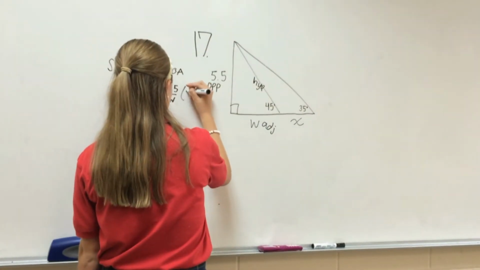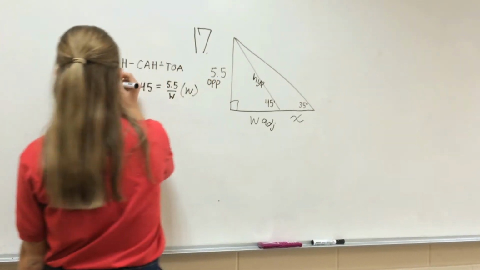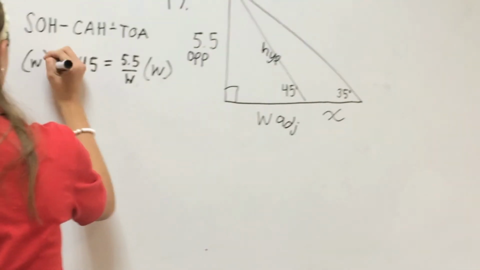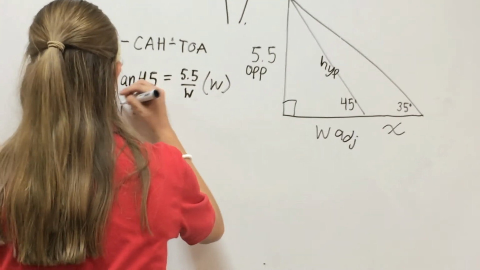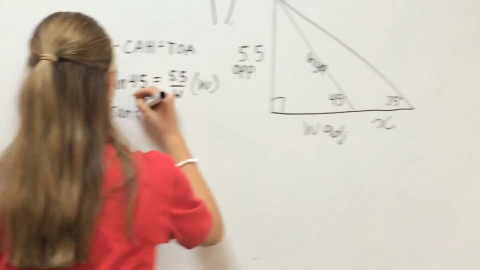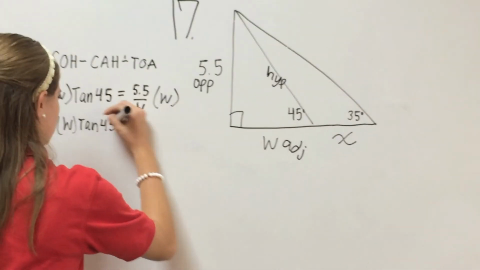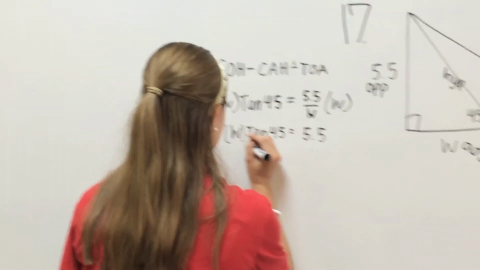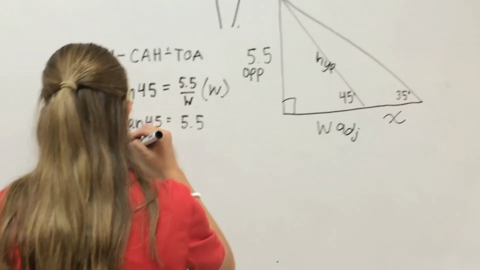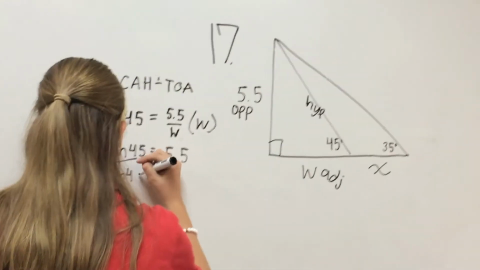We'll multiply W on both sides. Then we'll divide tangent 45 on both sides.